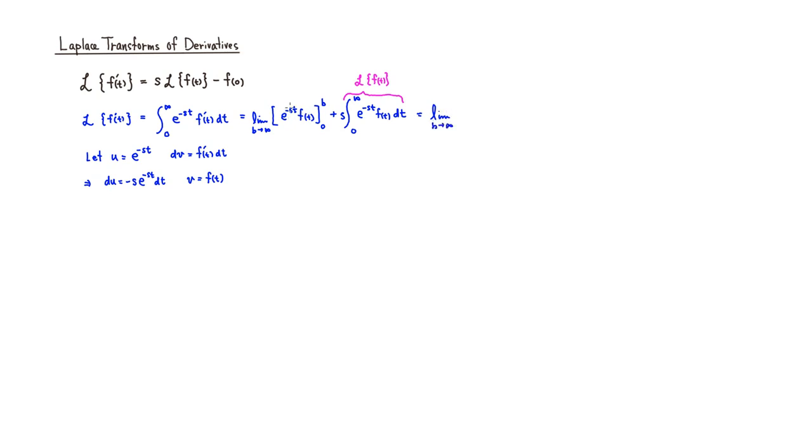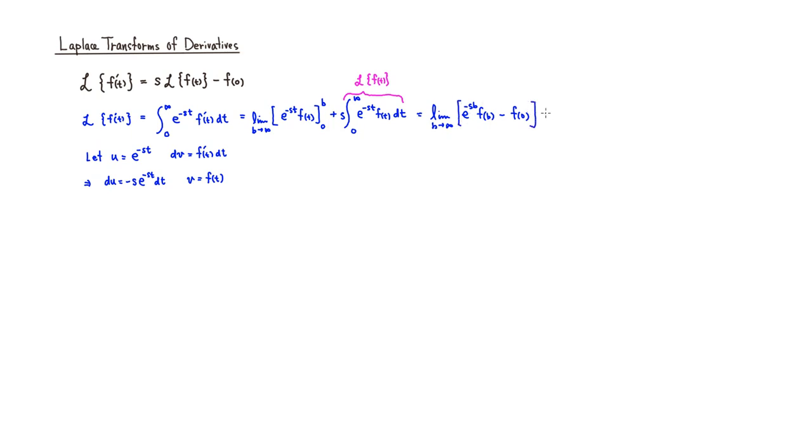Plug in b here, so you have e to the negative sb times f of b, minus, plug in 0, e to the 0 is 1, so you have f of 0.